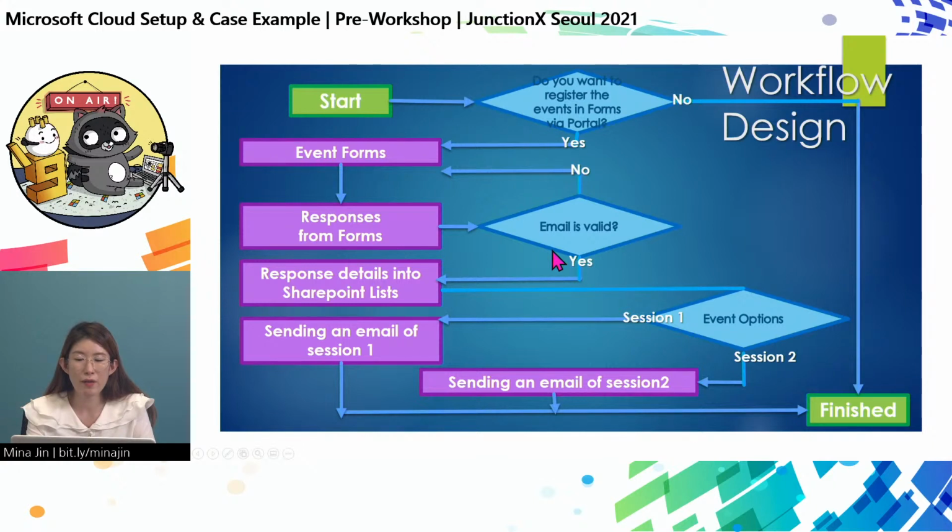Only when the email is valid, the response details are extracted and sent to a SharePoint list to save all the information. In the following step, when either session 1 or session 2 is selected, an email will be sent with the content of what you have chosen.